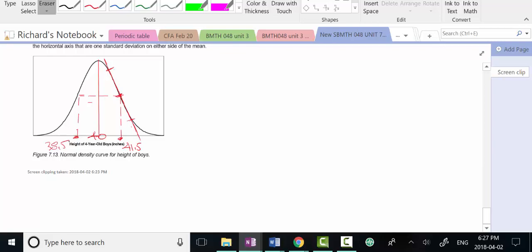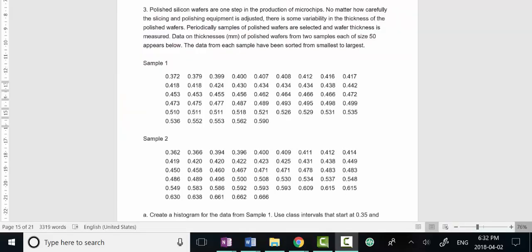And that's question 1. So once again, you're going to use the polished silicon wafers to get some data. This is the thickness of polished silicon wafers. Looking at sample set 1, you need to make a histogram and sketch the shape of that histogram. Watch what I'm going to do.